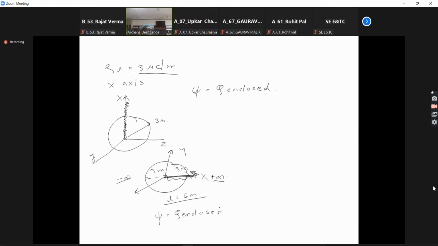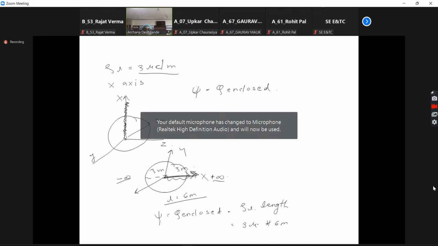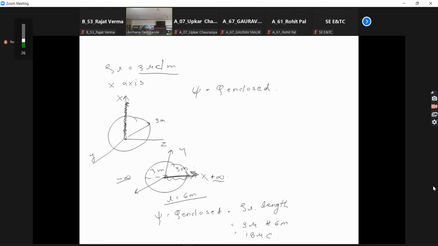The charge enclosed is going to be rho L into the length. Okay, so rho L कितना दिया है, 3 micro, multiply by length, how much? 6 meters.